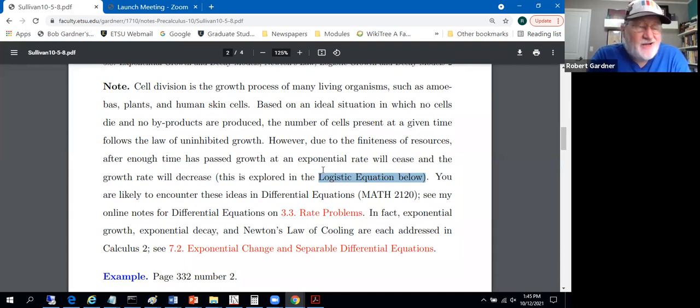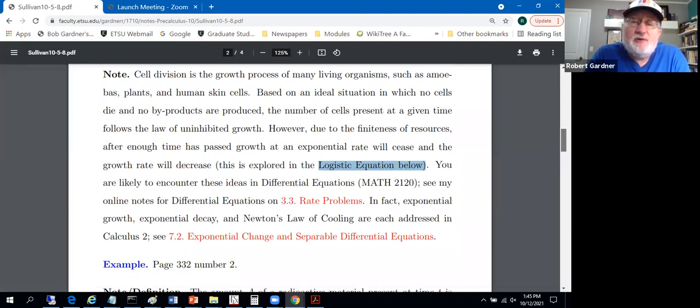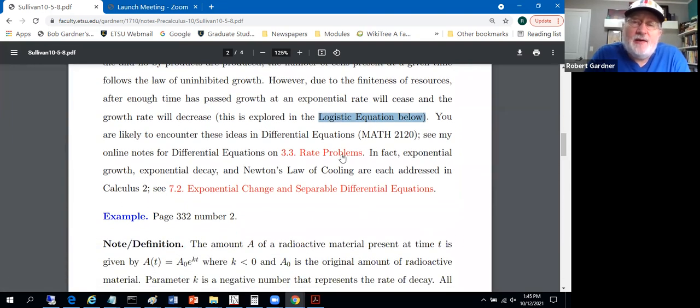These are topics you might encounter in an ecology class, by the way. These ideas from a math perspective, you'll see in differential equations. I have some differential equation notes posted online. Go to my online notes, and there's a hyperlink to rate problems. In Calculus 2, you'll explore exponential growth, exponential decay. Newton's law of cooling will appear there.